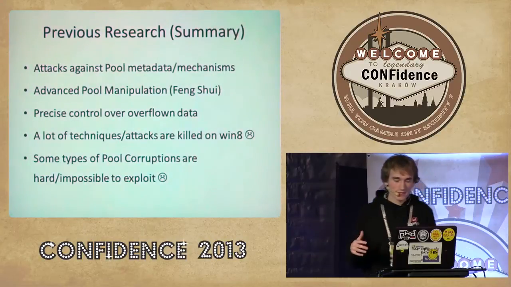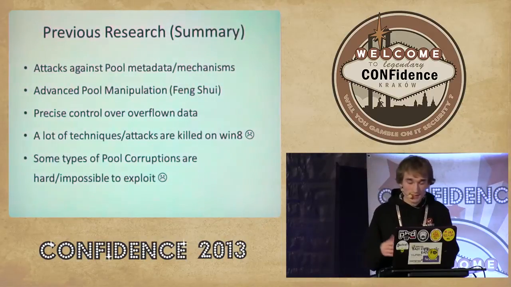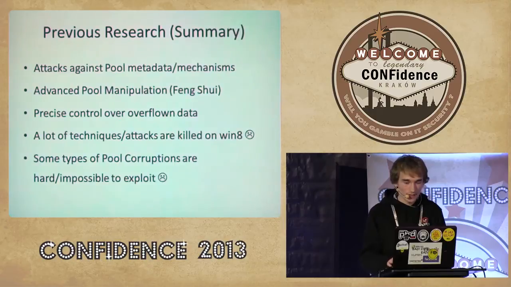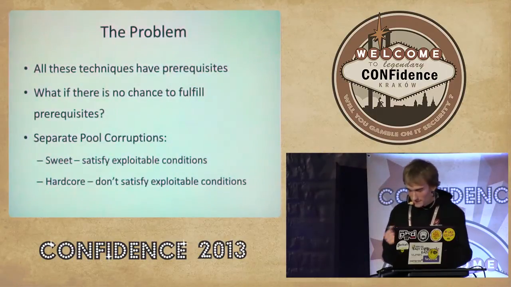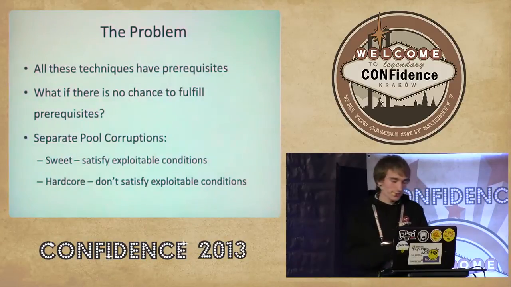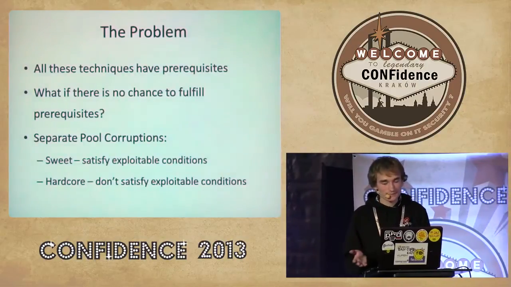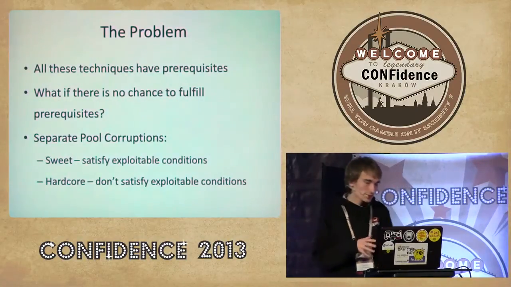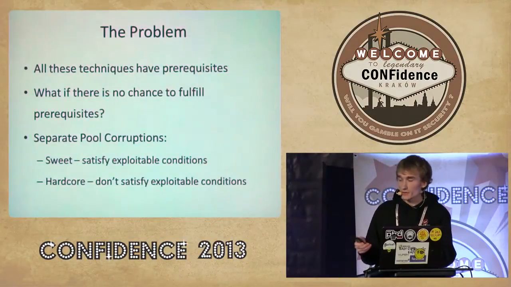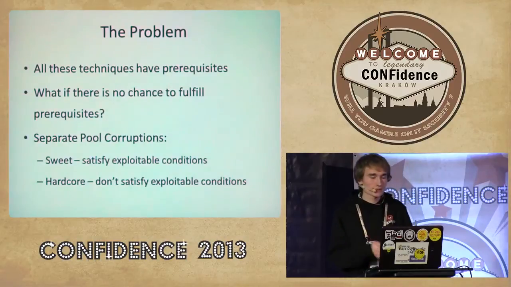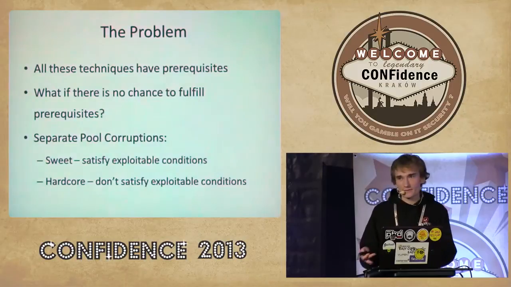There are a lot of prerequisites, and you know, some vulnerabilities are not exploitable using these techniques. So the problem is, what if there are vulnerabilities that you can easily exploit, and there are others. So I separate pool overflows into two groups. Some of them can be easily exploited, and some of them are hardcore.